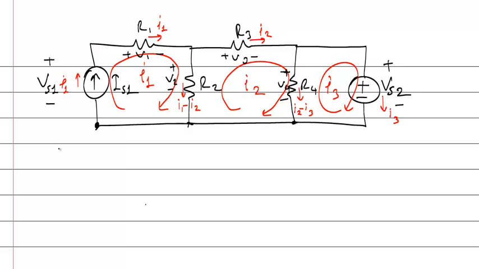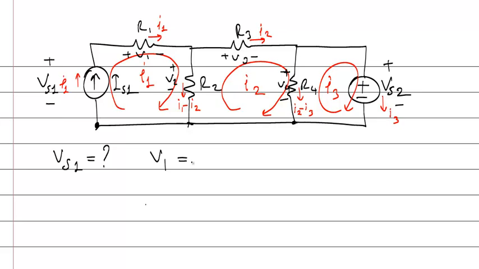Okay, so what's V source 1? We don't know, because it's a source. I cannot write a relationship between the currents. There is no relationship between the current and voltage of a source. What's V1? Voltage of resistor 1.